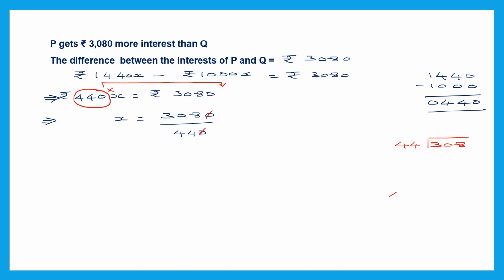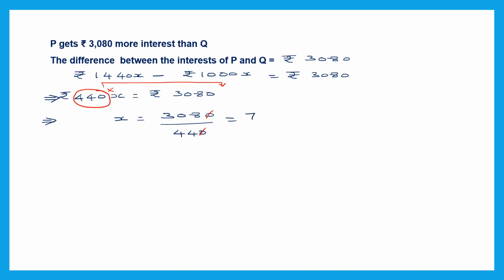Let's multiply 44 into 7. 7 fours are 28, carry 2. 7 fours are 28, 29, 30. So that's 308. So 44 into 7 is 308. That means the value of x we have found out to be 7.